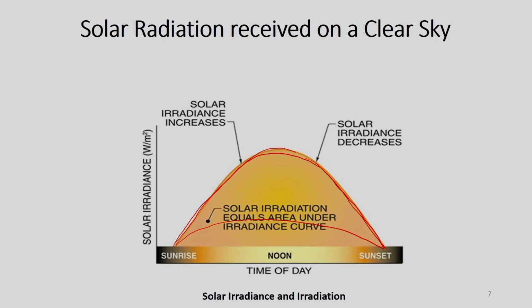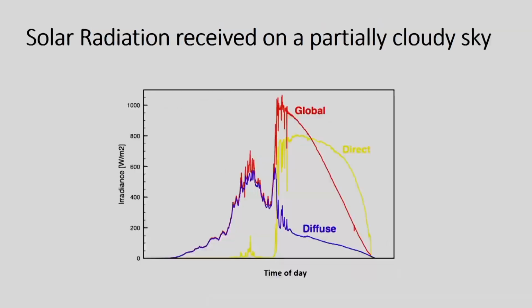This plot is for a clear day when no cloud is covering, so the sky is clear. In this case, it is a partially cloudy sky. You can see there are lots of peaks and valleys, so there is no uniform pattern. Under this condition, it is very difficult to design solar collectors, whether PV collectors or solar thermal collectors.